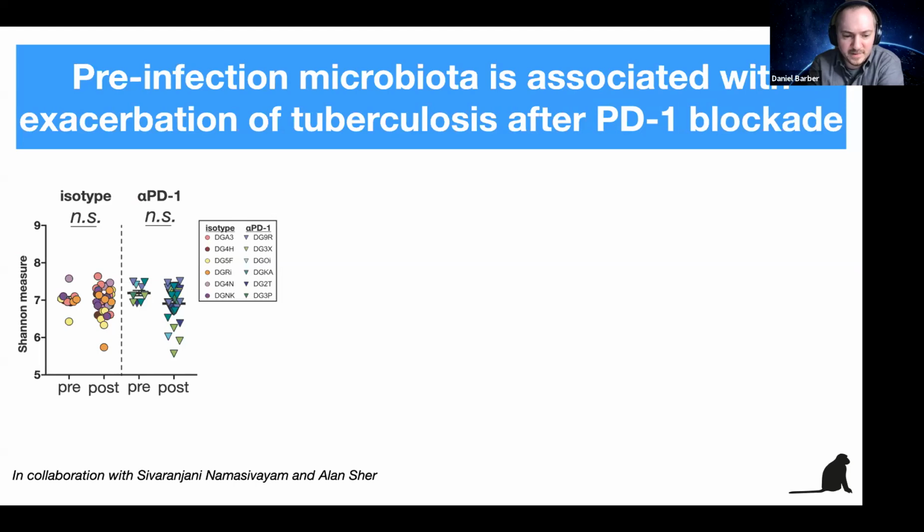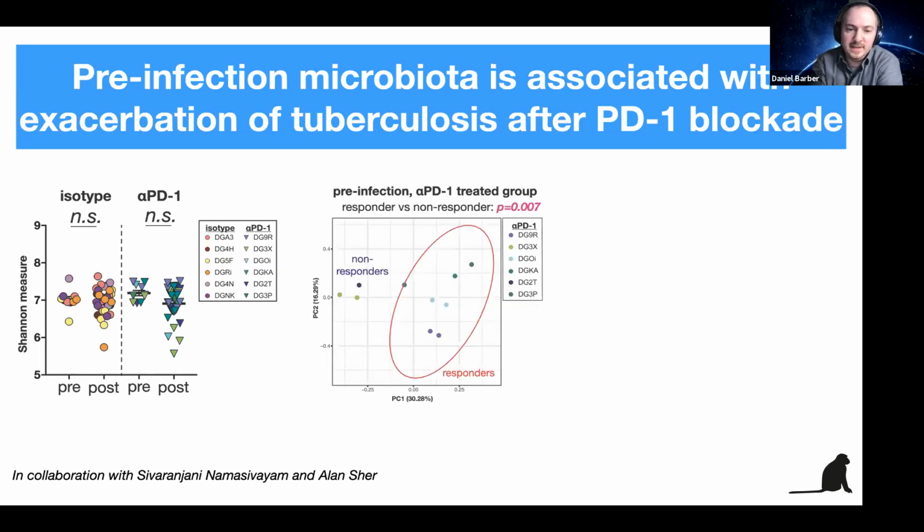So we collaborated with Ranjini in Alan's lab. Now, this first graph is just to say that PD-1 blockade and TB, neither of those two things really do much to change the microbiota in the gut. But interestingly, if we look at just the anti-PD-1 treated group before we infected them, the two macaques that didn't have an exacerbation of disease, we call non-responders, they actually separated.